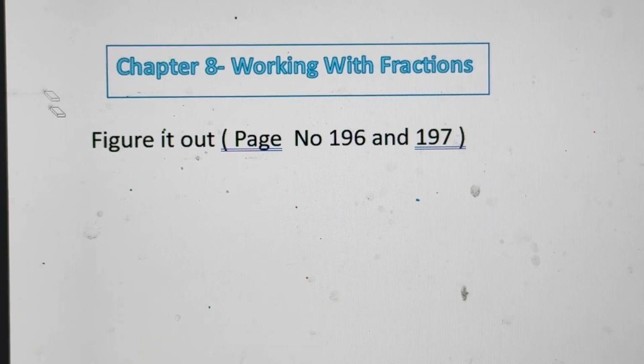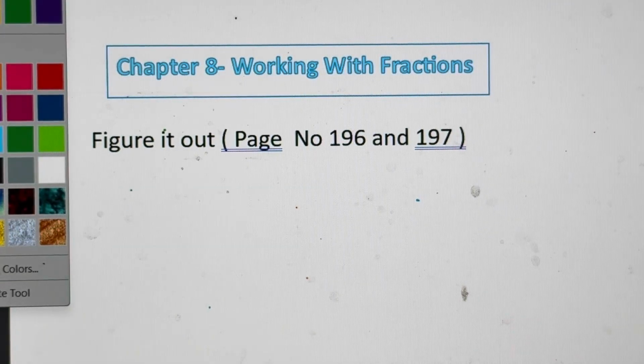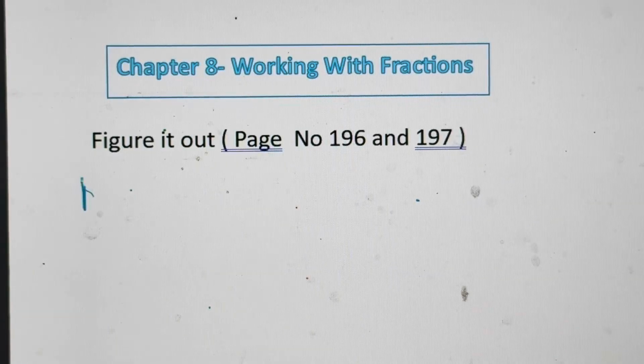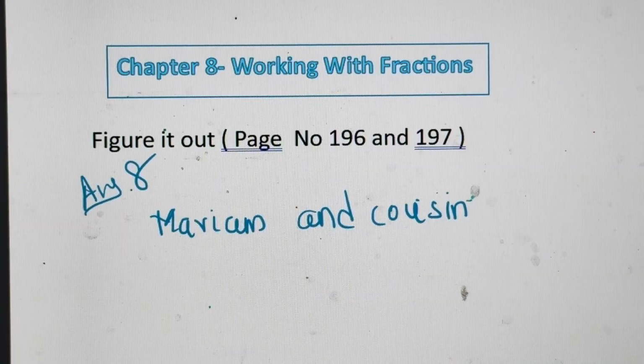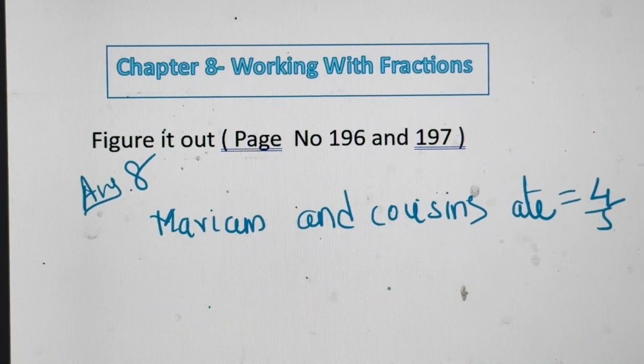So answer number 8. Now here, first we write down the facts. How much cake is eaten by friends? That is 4/5. Mariam and cousins ate 4/5 of the cake.